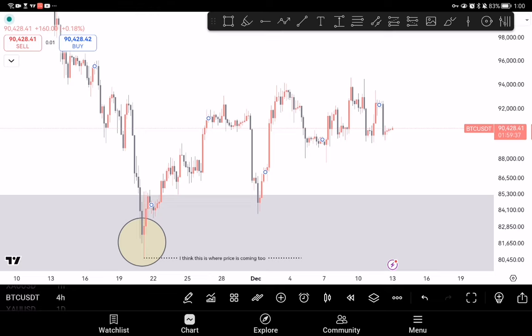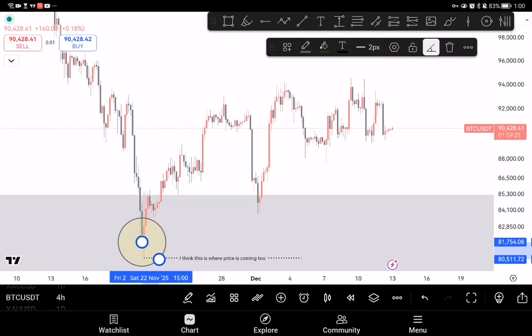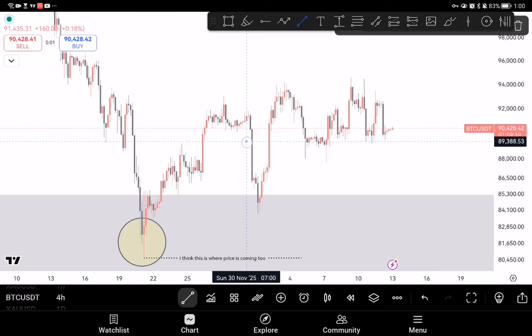Now I am here. Where is market coming from? Market is coming from an internal range liquidity. Where is market going to? Market is going to an external range liquidity. Where are those points? Right now, this here is my internal range liquidity. Where is my external range liquidity?